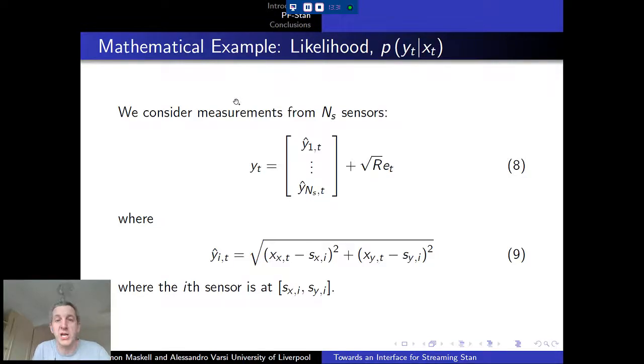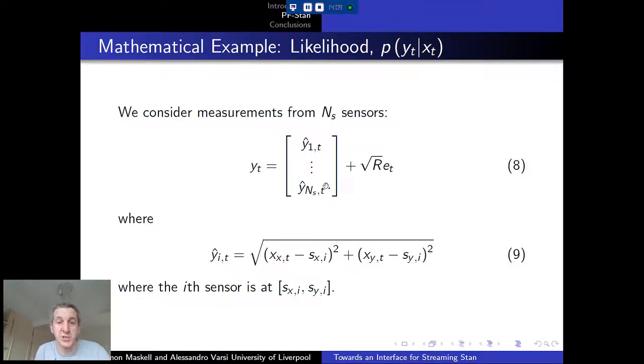We then talk about the likelihood. So imagine we've got NS sensors. We've got them stacked together in this vector y_t, and the first sensor gives us a measurement of y hat 1,t. The second one gives us y hat 2,t, down to y hat NS,t, and then we get some measurement noise on top of that, and we describe that with a covariance matrix R, which is particularly problem dependent. e_t is then a 0, 1 normal distribution, NS of them stacked on top of one another.